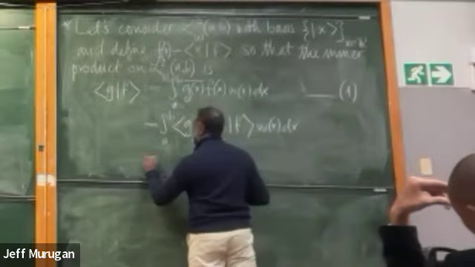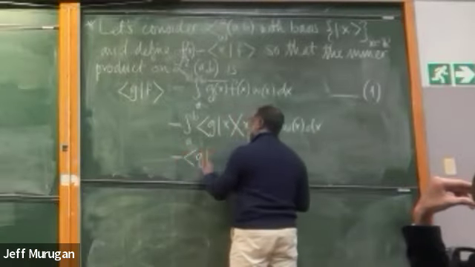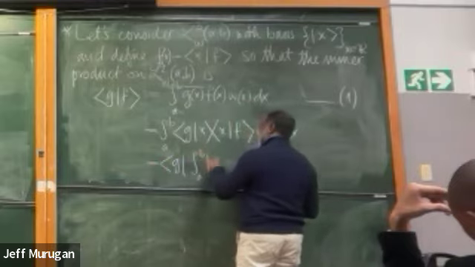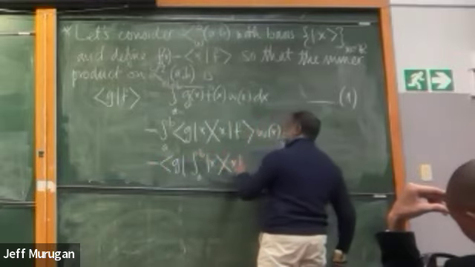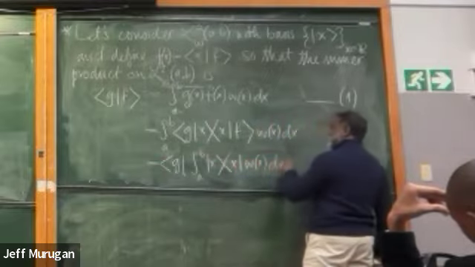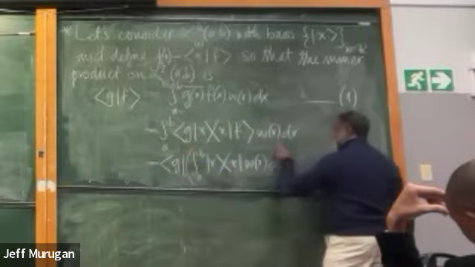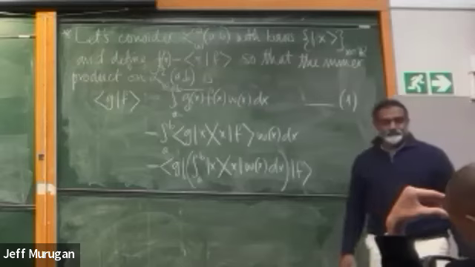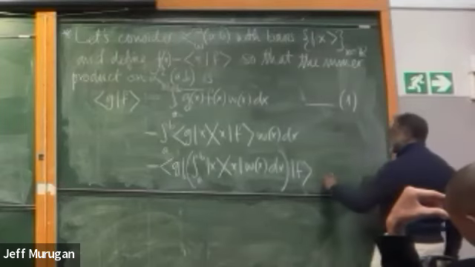And I can take the integral inside, so I get the integral from a to b of <g|x> <x|f> w(x) dx.